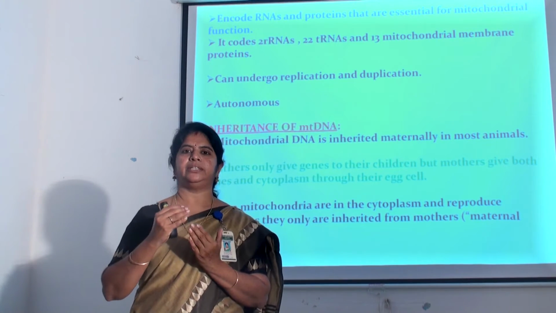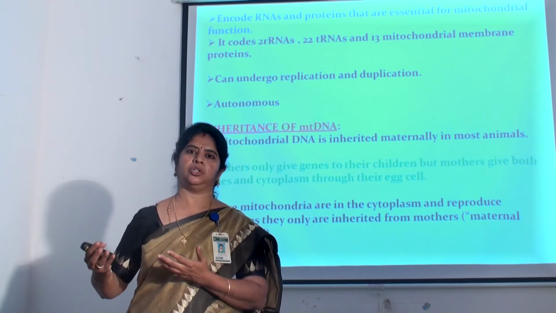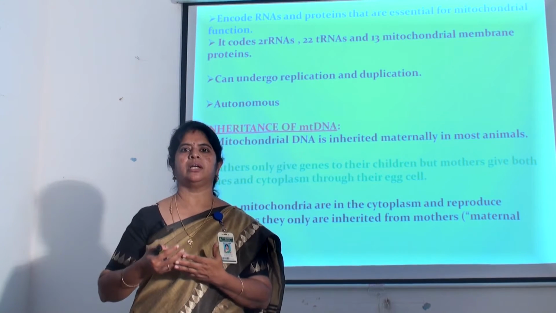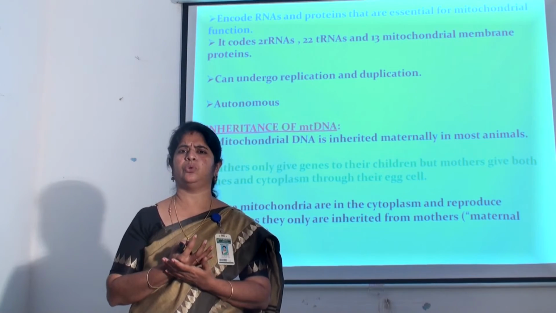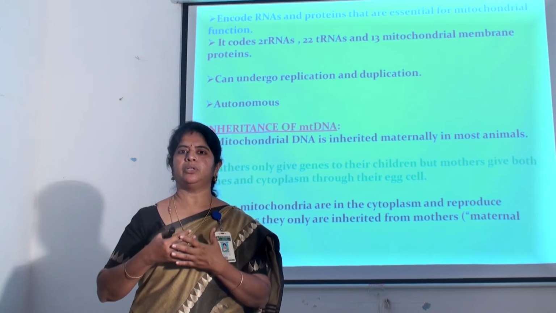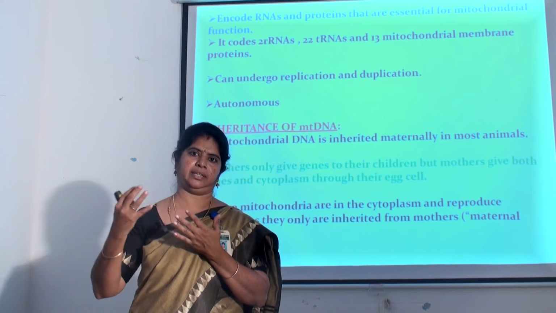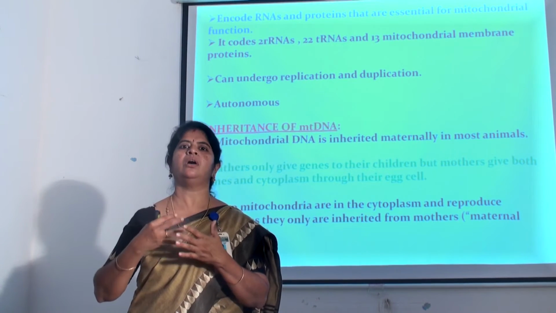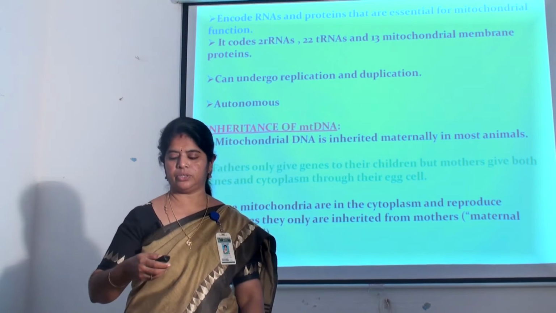So this mitochondrial DNA is inherited by the son or the daughter, in all living organisms, only from the mother. Many researches are going on on the importance of this, because some of the mother's features and characters, and some diseases, can be inherited through the mitochondria. The research is going on.